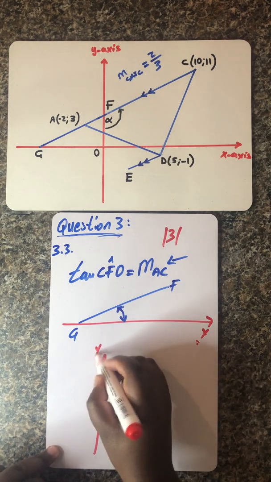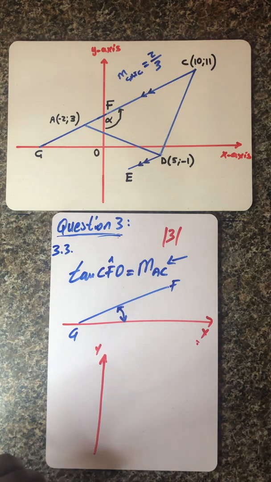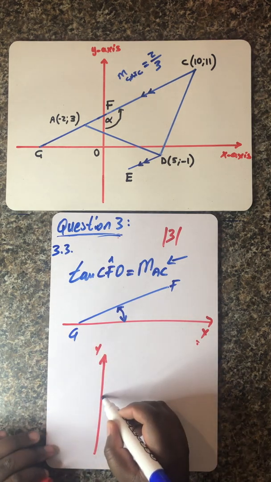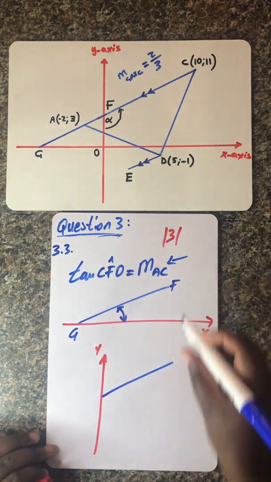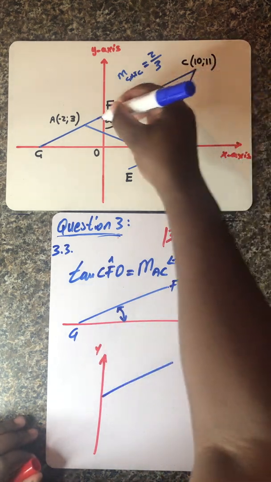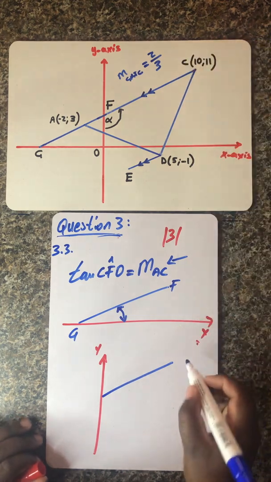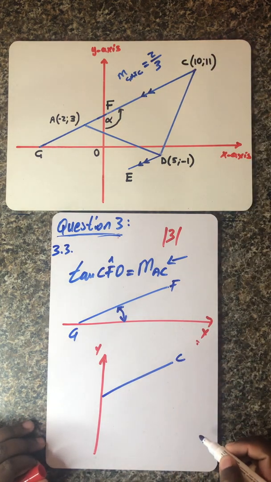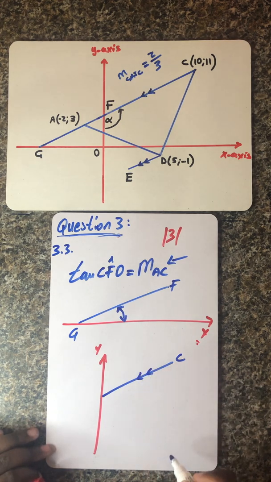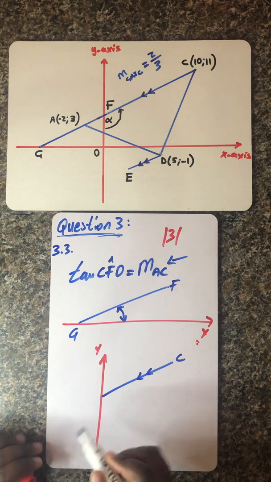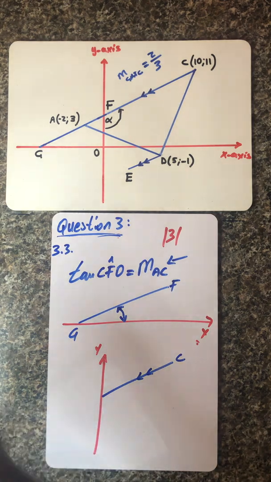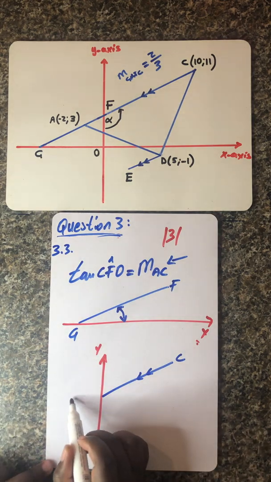This is that y-axis. Okay, so now this is that same line. Obviously, it starts from there up to there. So let's say that is C. Okay, so ladies and gentlemen, you remember I've done that dotted horizontal line in the first part of this lesson.